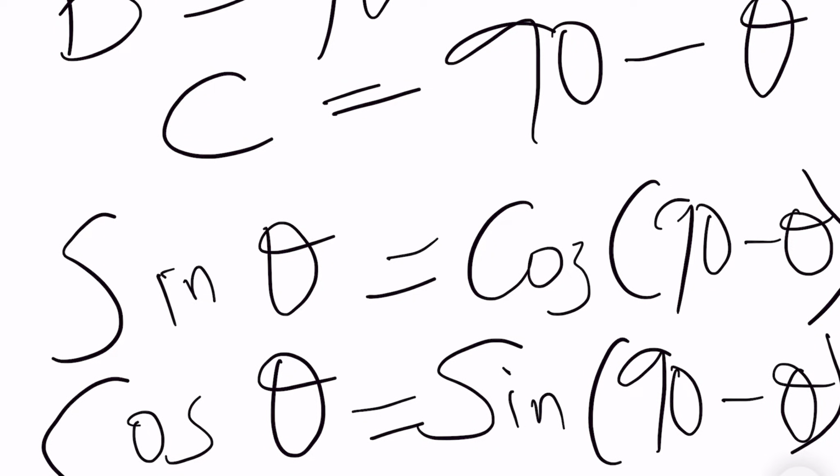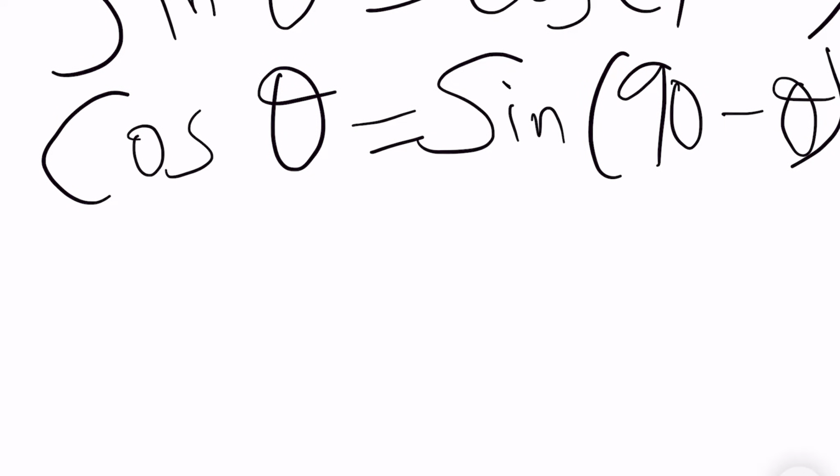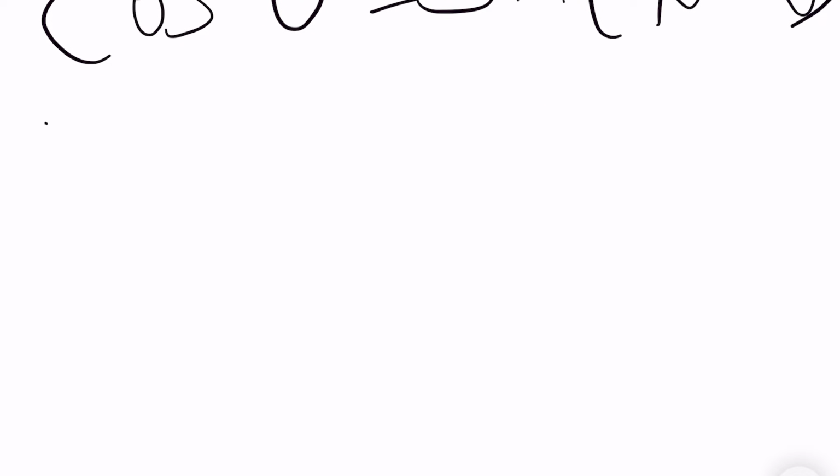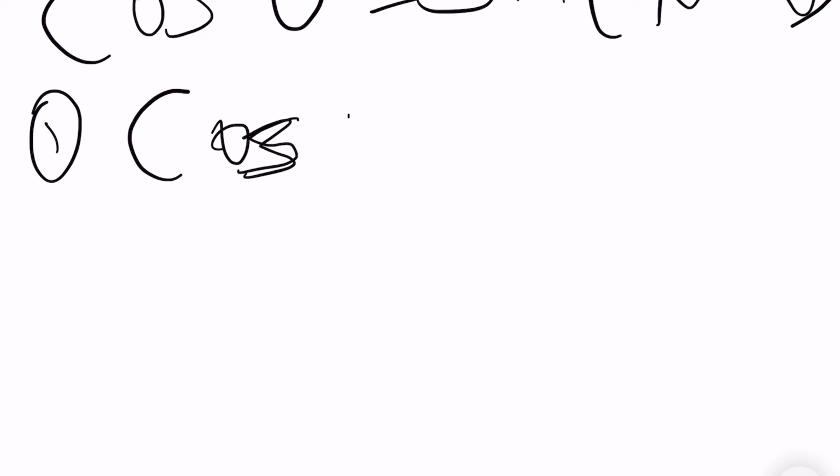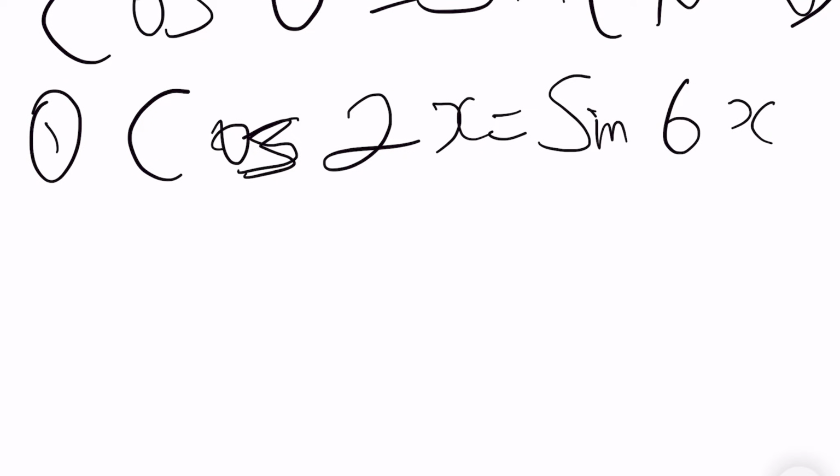And today we'll solve some examples on this part to make it much more explainable and understandable. So we have these examples today on trigonometric ratio, where our first example is to solve the equation cos 2x equals sin 6x.